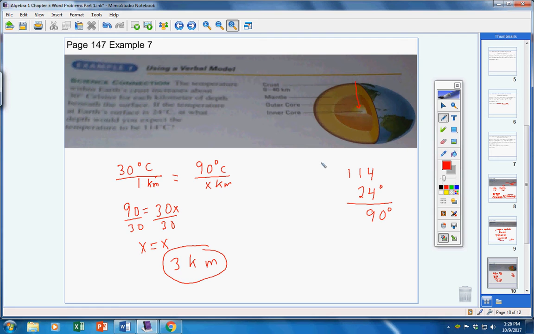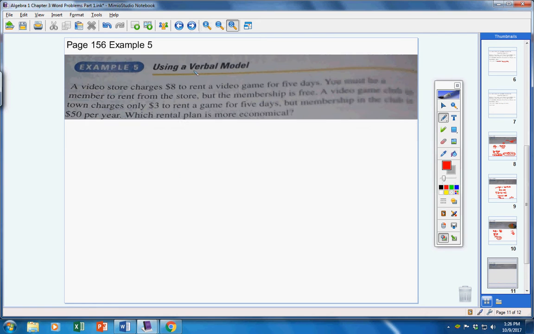Okay? Alright, moving on to page 156, number 5. Okay, students, in your notes, I would write page 156, example 5. Here we go. A video store charges $8 to rent a video for 5 days.